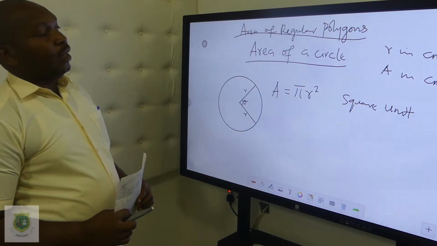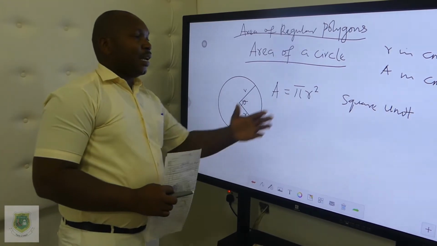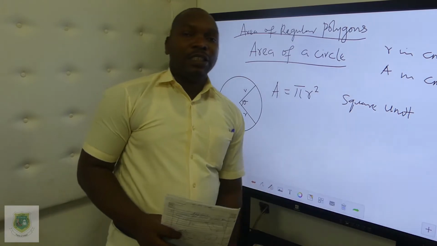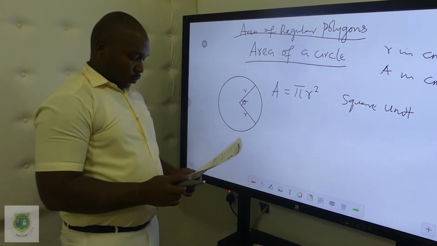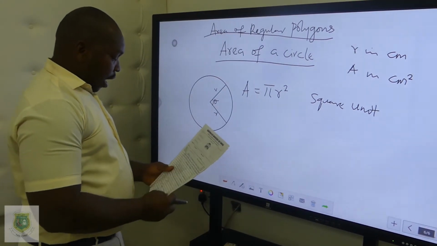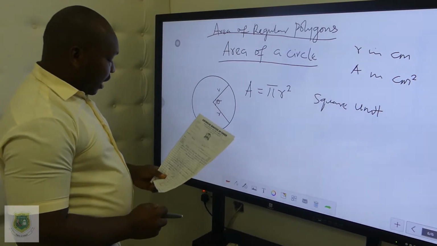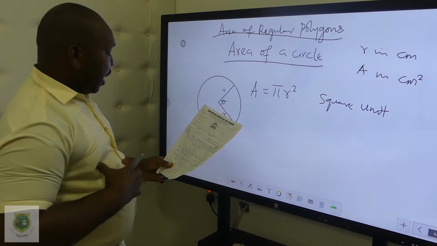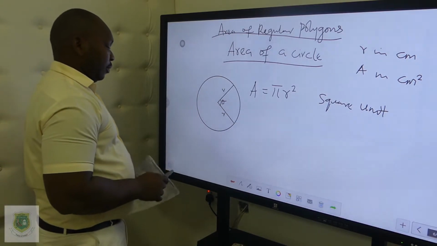If it's measured in meters, you get your answer in meter square. If it's measured in inches, you get your answer in inch square. Okay. Now, an example says, calculate the area of a circle with radius 7 centimeters.